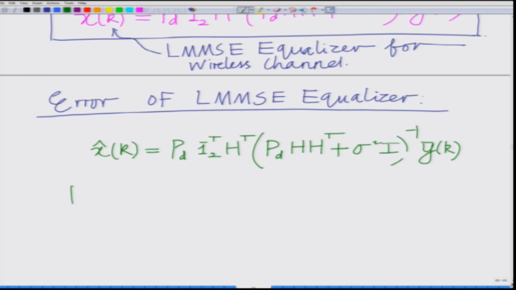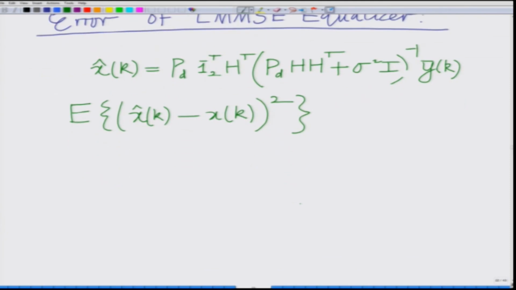And now we want to derive the error for the LMMSE equalizer, that is the expected value of (x hat of k minus x of k) whole square.